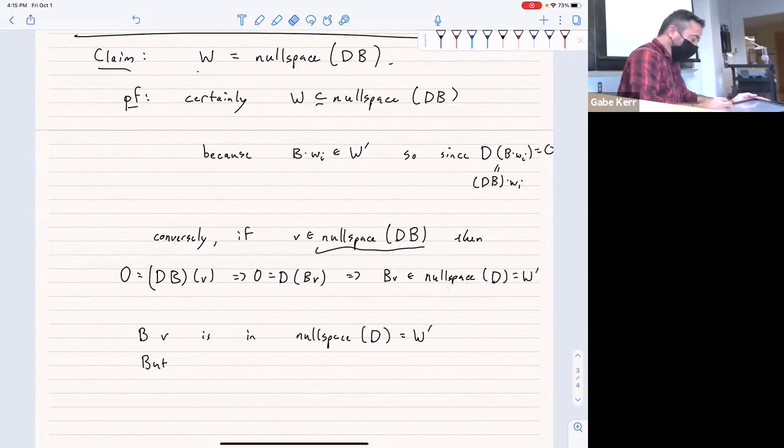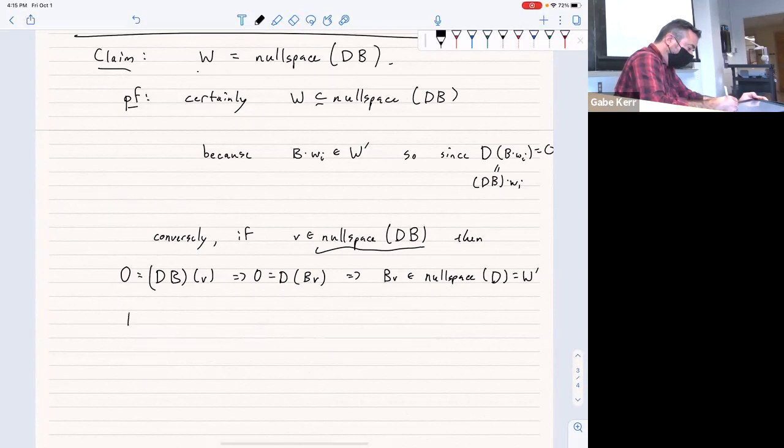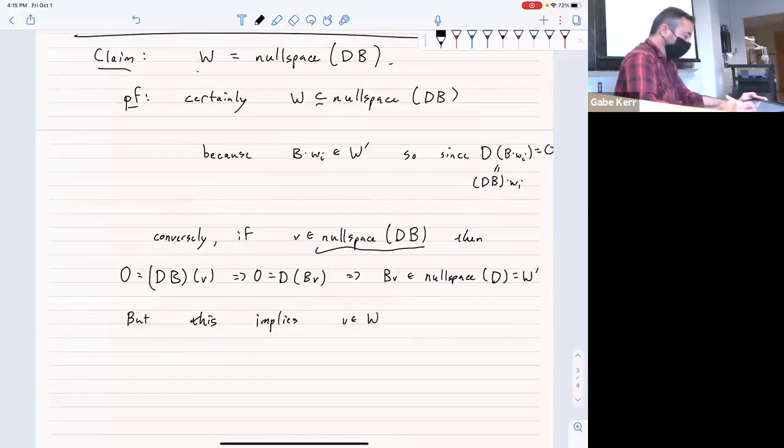Okay, but now what I wanted to say was, but this implies V is an element of W. Why?